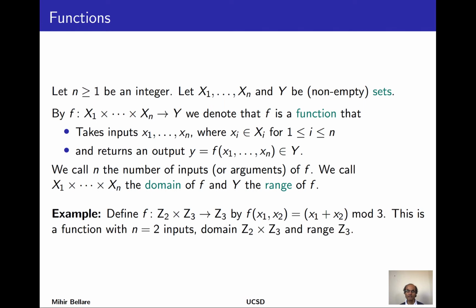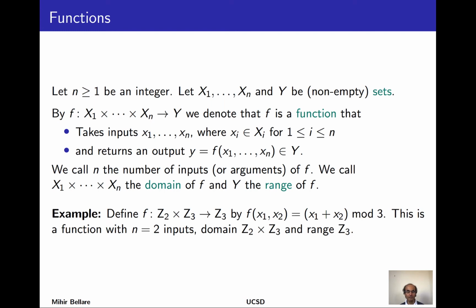So if X1 through Xn are sets and Y is another set, then if we write f: X1 × ... × Xn → Y, we mean that the function f takes inputs x1 through xn, where each of them belongs to the corresponding set. So n inputs and 1 output y, which belongs in the set uppercase Y. So n is the number of inputs, or also arguments, and the cross product of those X sets is the domain and Y is the range.